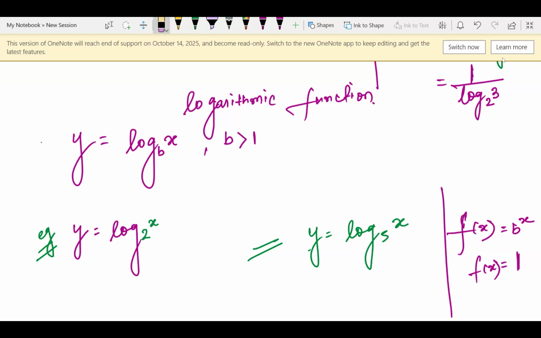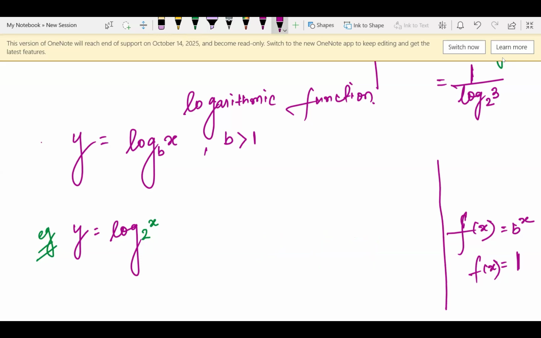Now we are going to see what the domain will be, what the range will be, and how the graph will behave. When checking the domain and the range, first thing first, we will take the exponential form, because that way we are more comfortable.